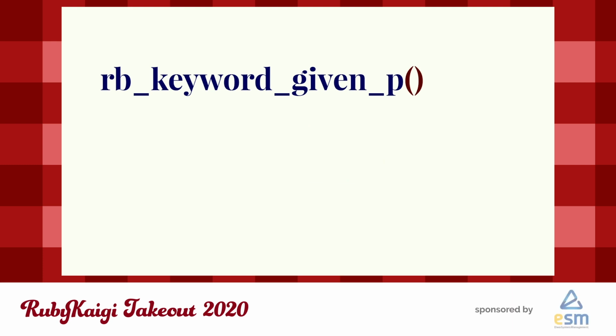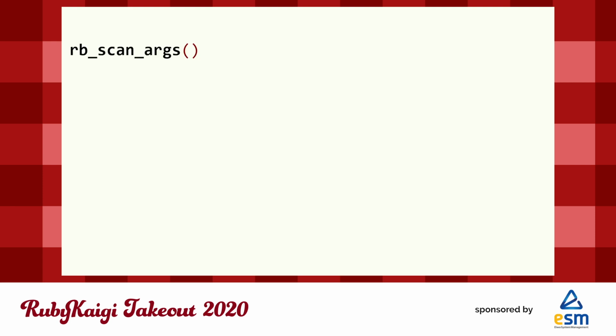So in order to give methods defined in C the ability to check if keywords were passed to the method, I added a function called rb_keyword_given_p to Ruby's public C API. Now this function is callable for methods defined in C to check whether keywords were passed when calling the method.